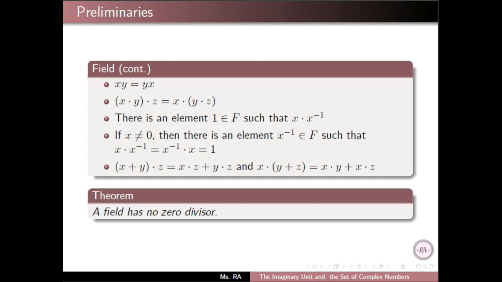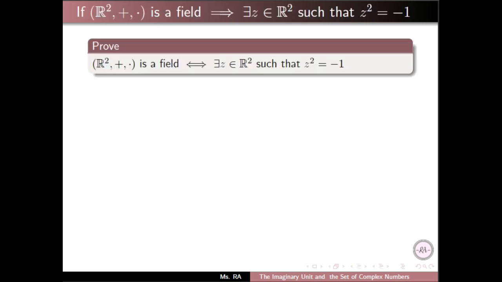To start with the proving proper, we have this biconditional statement, which states that this ordered triple, which consists of R squared, a vector space, and then the vector addition, and then here a multiplication. This multiplication is very different from the usual multiplication of the set of real numbers. It's a different one, and later on we're gonna define how this multiplication can be done.